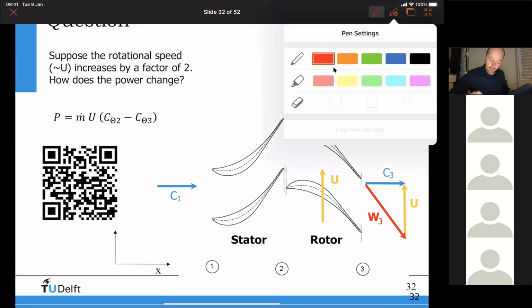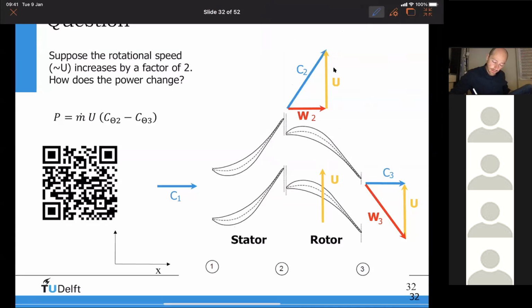What happens is that I increase the speed twice. I get a new C2, which is a new W2, so a W2 prime, right? C2 is unchanged, has not changed. W3 stays the same.